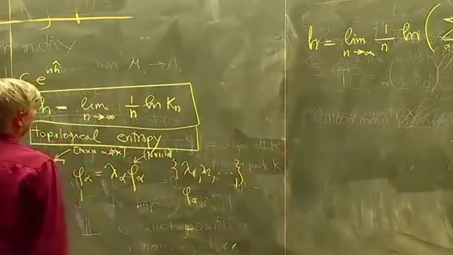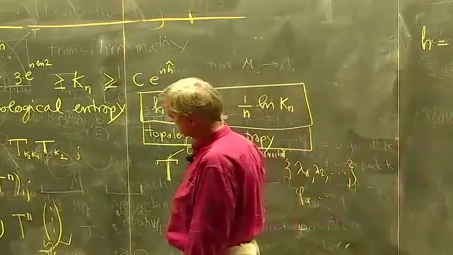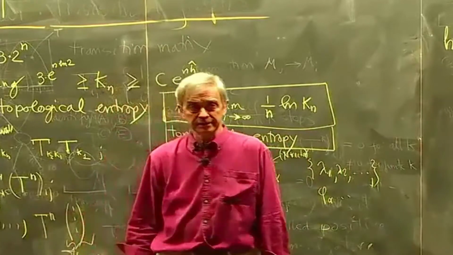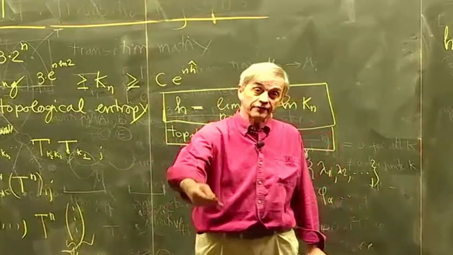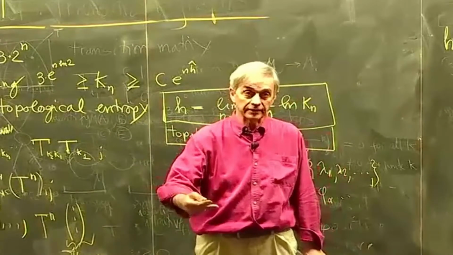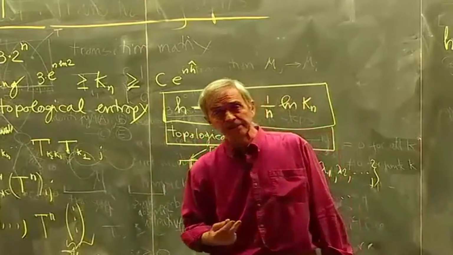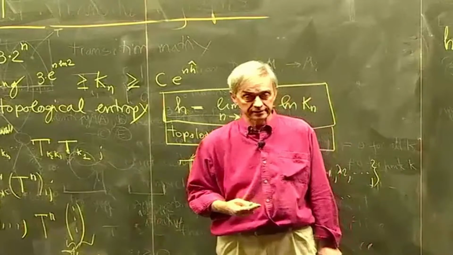And I told you before that if the matrix is strictly positive, at least after some number of iterations, meaning that I can reach every node or every partition from any starting partition, that matrix is called a Perron-Frobenius matrix. So it's a matrix that is positive, and strictly positive.